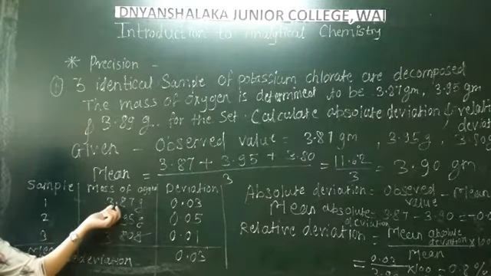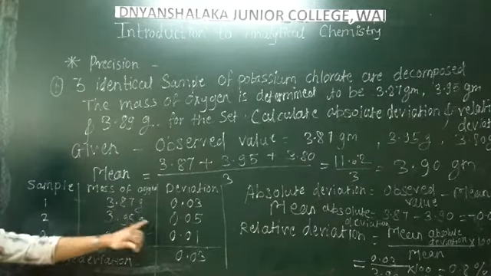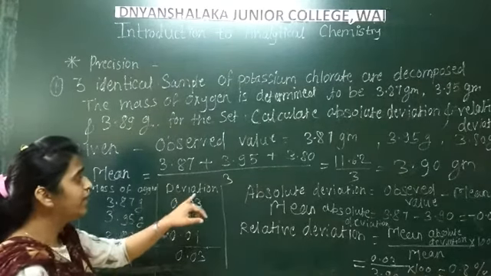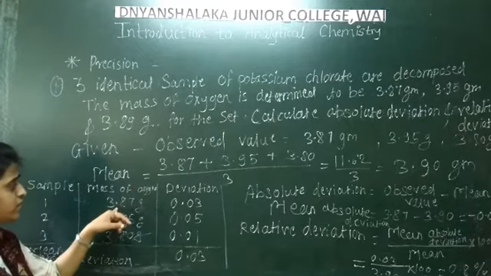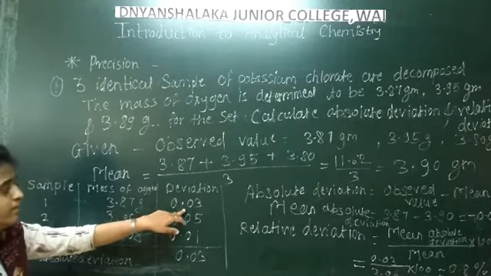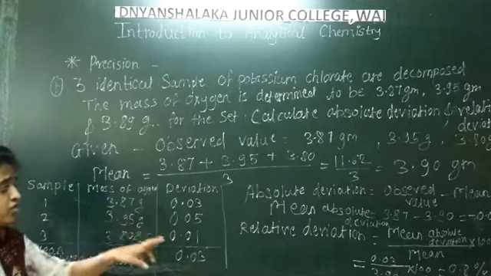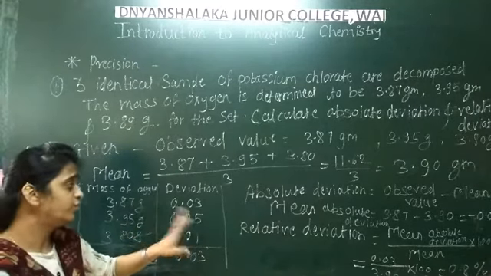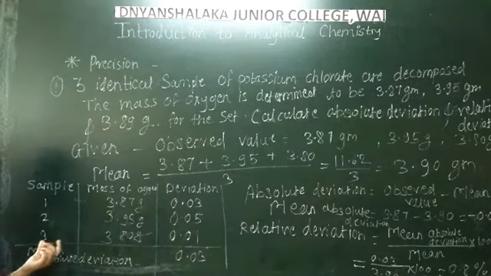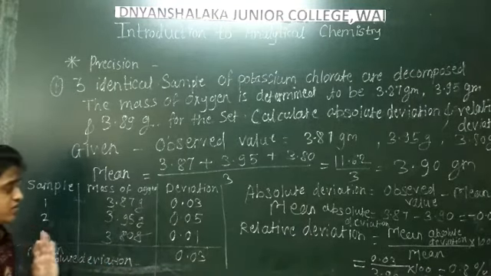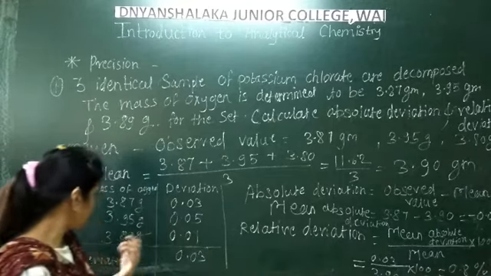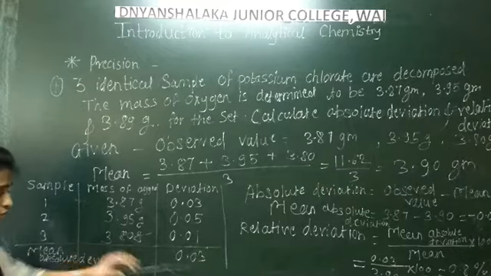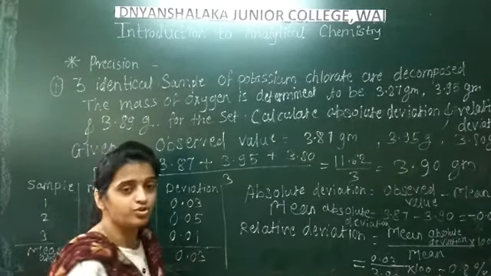Deviation of the first sample: 3.90 minus 3.87, we get 0.03 gram. Second sample: 3.90 minus 3.95, we get 0.05 gram. Third sample: we get 0.01 gram. Adding these three deviations and dividing by 3, we get mean absolute deviation equal to 0.03 gram.